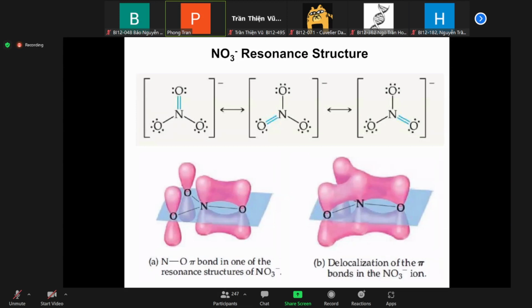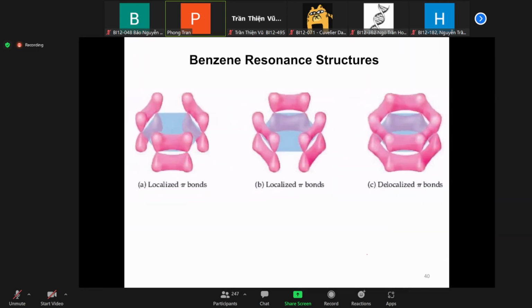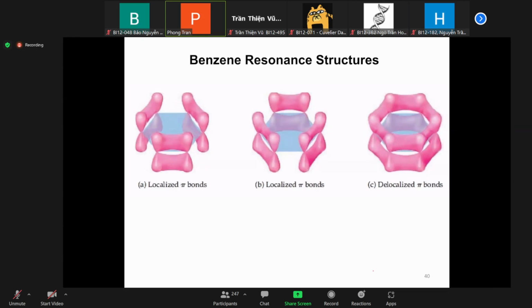Now, take the case of this compound, benzene. So, one then, and then another one, like this one.